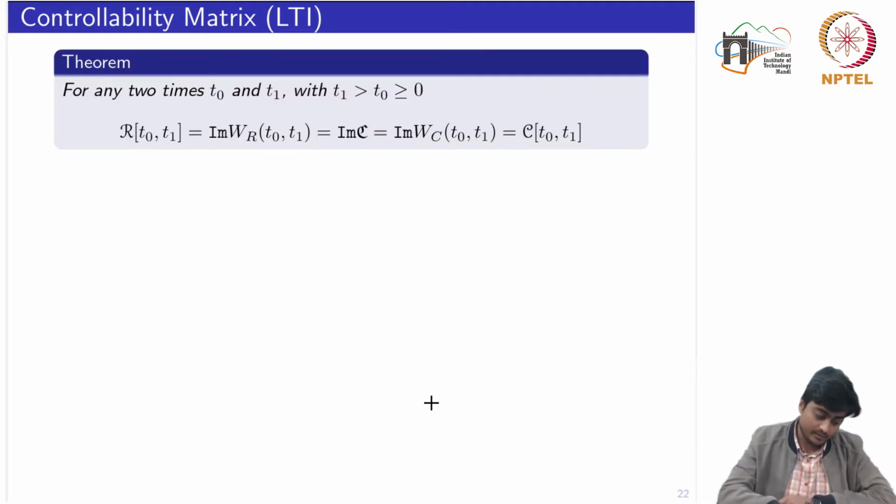And this result is given here: for any two times t0 and t1 with t1 greater than t0 greater than or equal to 0, we have the reachable space equal to the image of the reachability gradient, which is again equal to the image of the controllability matrix, equal to the image of the controllability gradient, equal to the controllable subspace. Okay, this is a very important result.